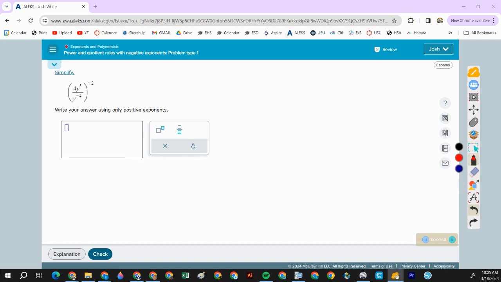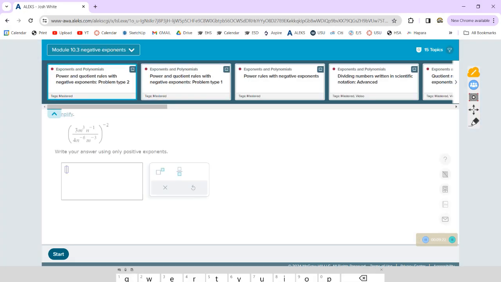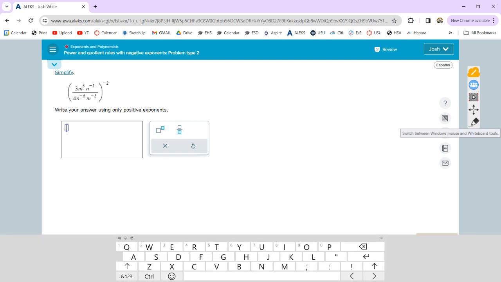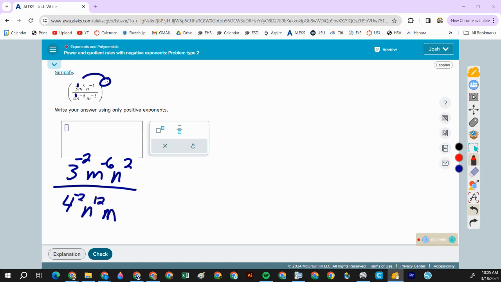Okay. And lastly, oh boy, that's fun. Multiply all of the exponents by negative 2. 3 to the negative 2, m to the negative 6, n squared over 4 to the negative 2, n to the 12th, and m to the 6th.